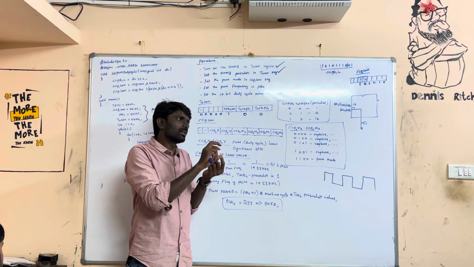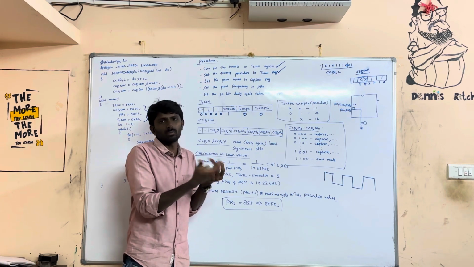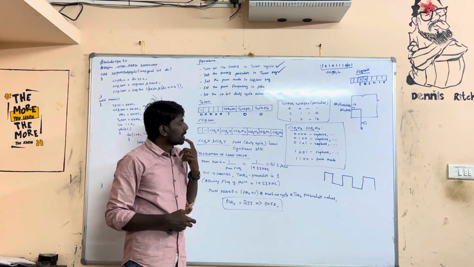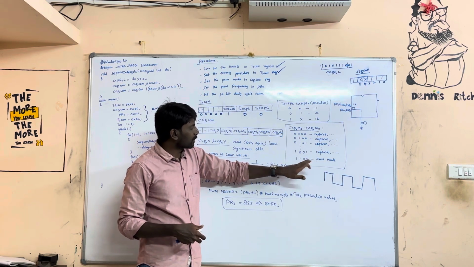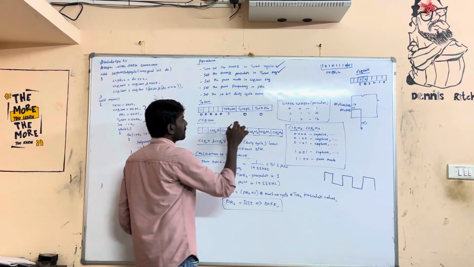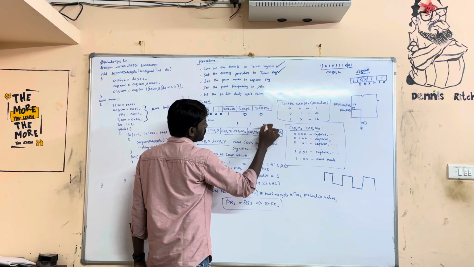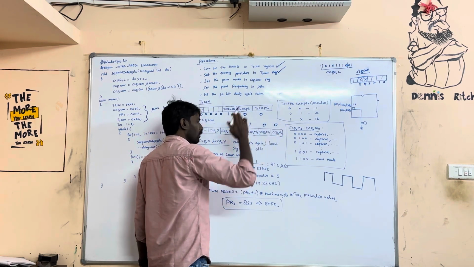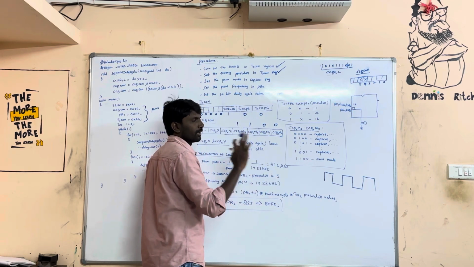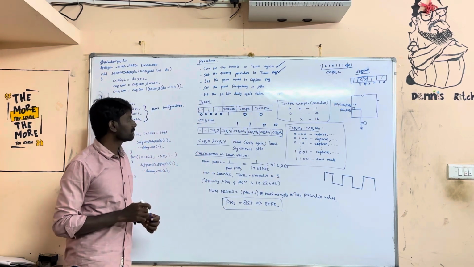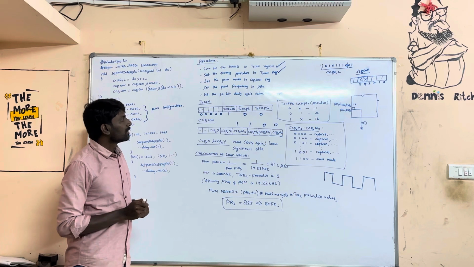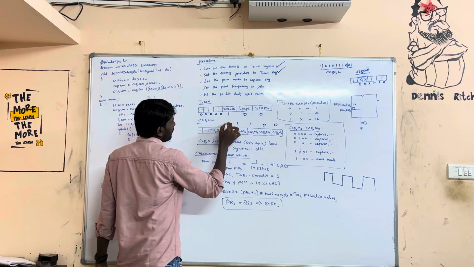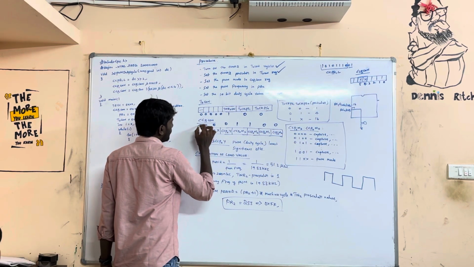In that PWM mode itself, again there will be some more options. Got it, right? So we are going to set only 1100. If you give all 4 bits as 1, 1111 also, it is okay, no problem. And these 2 bits as of now we are not using, so I am making them 00.